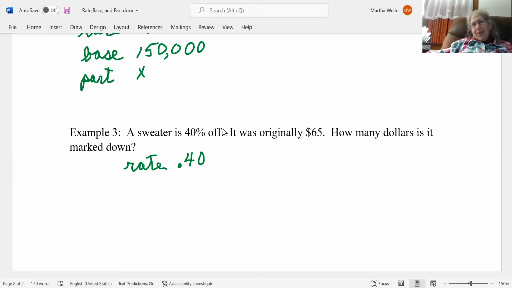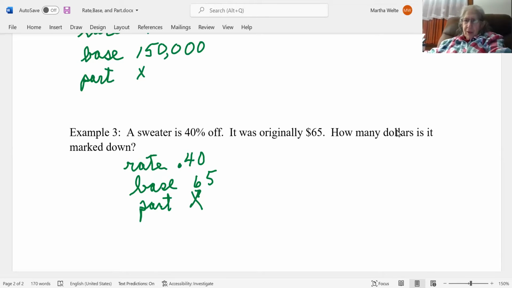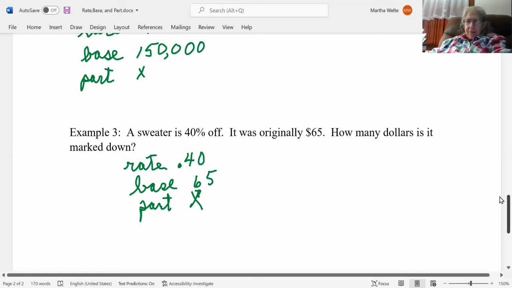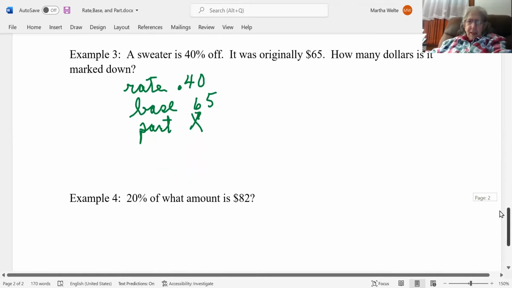That's what 40% off means. So it's 40% of $65. That must be that the base is 65. And we want to know how many dollars it's marked down. That must be the part. And calling it X makes it easy. Sometimes I write a question mark instead, but X is really easier because we'll be able to put that in the equation.